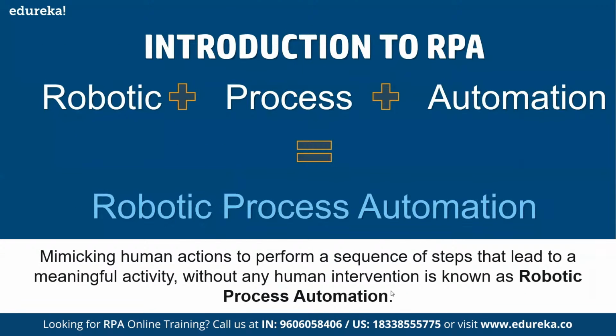So what is RPA? RPA is mimicking human actions to perform a sequence of steps that lead to a meaningful activity without any human intervention. So this is the definition of robotic process automation. RPA in itself is not a tool.